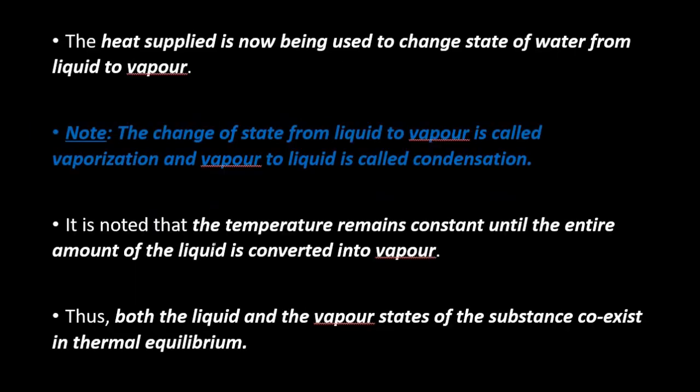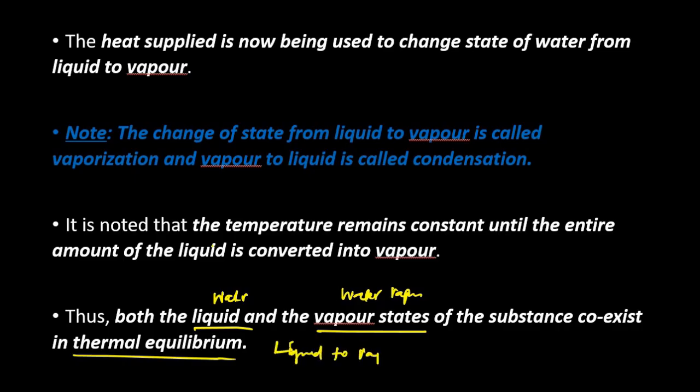Now again, at 100 degrees Celsius, both the liquid, that is water, and water vapor coexist in thermal equilibrium during the change of state from liquid to vapor at 100 degrees Celsius. That's why these two temperatures are very special in the design of thermometers.